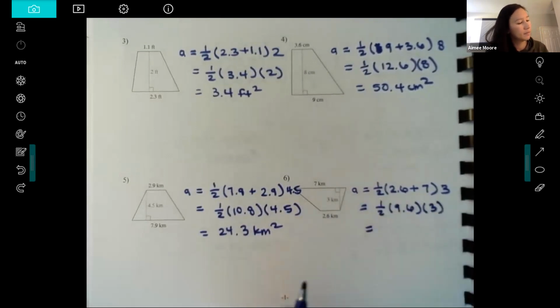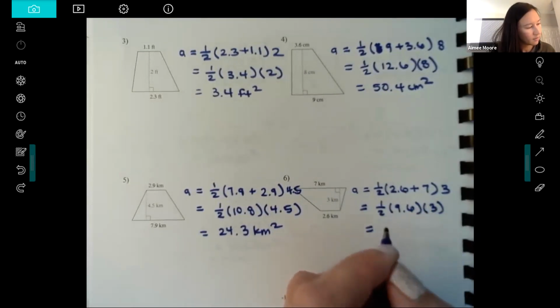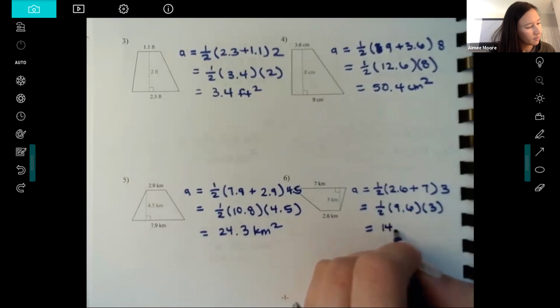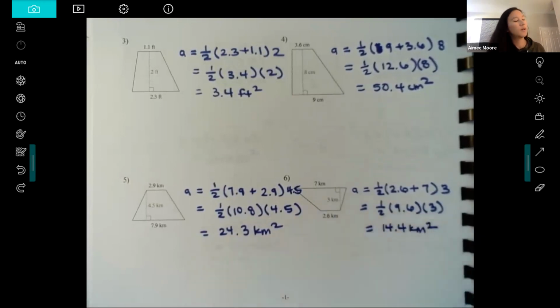And then 9.6 would turn into 4.8, and then 4.8 times 3, 14.4. Excellent. You've got it.